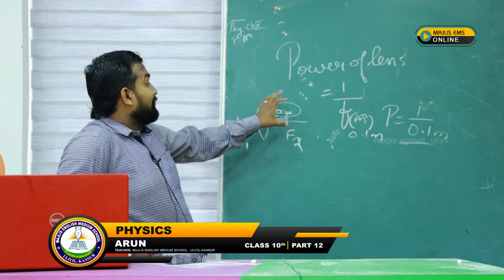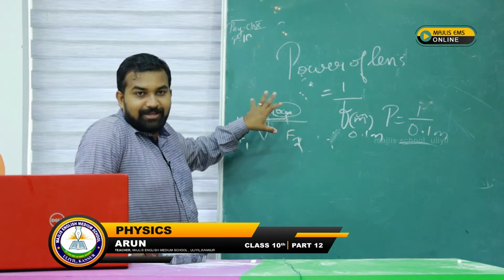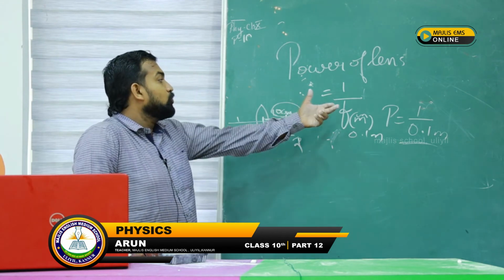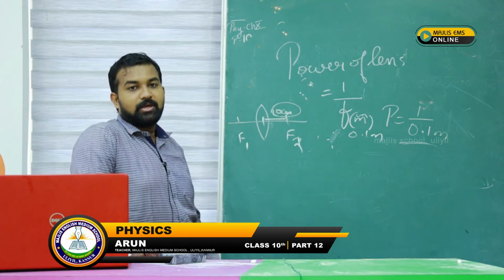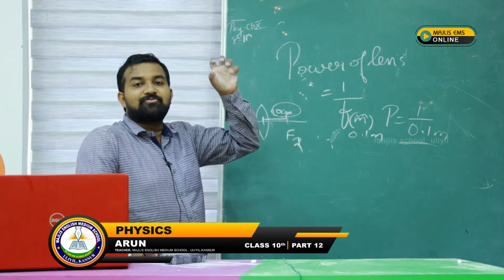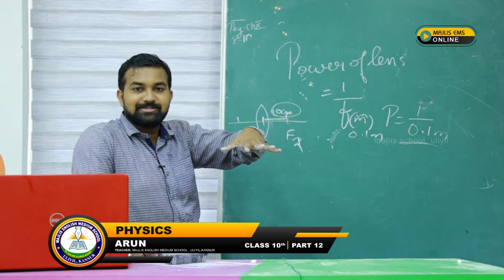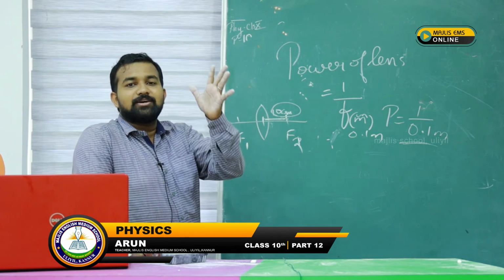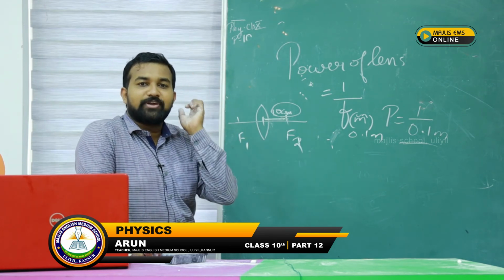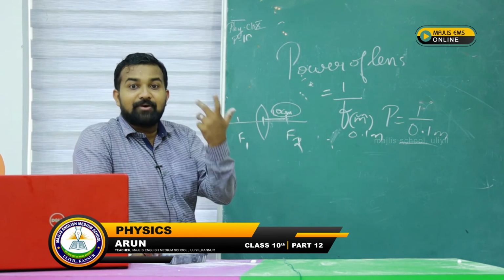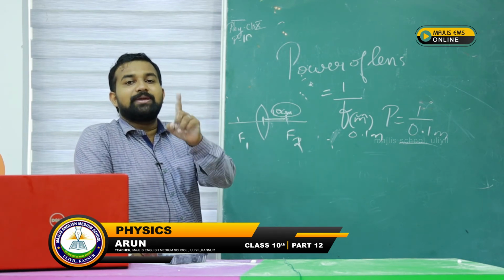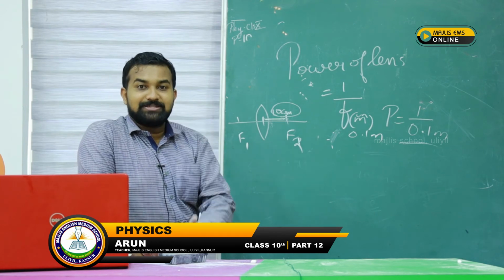So if you get the focal length in centimeter, you convert it into meter and then you calculate the power. Taking the reciprocal of the focal length of any lens, you will get the power of that lens. But keep it in mind, the focal length should be in meters.